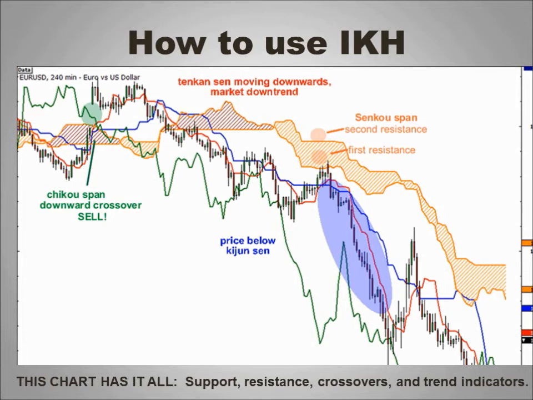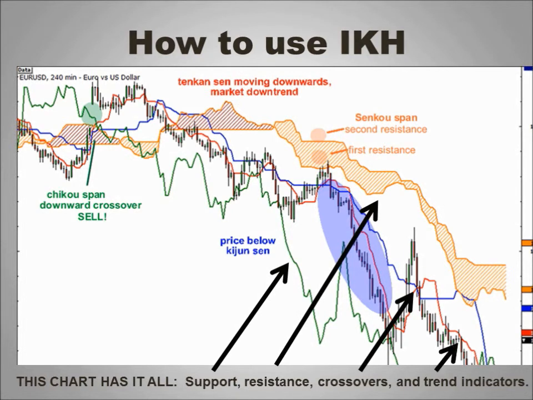Because with all this information combined, we have a general idea as to where the prices will move in the future. So supports, we have that with the green line. Resistance, we have that with the two Senkou lines. Crossovers, we have that with the two moving averages. And the trend indicators, in which we have with the Tenkan-sen.